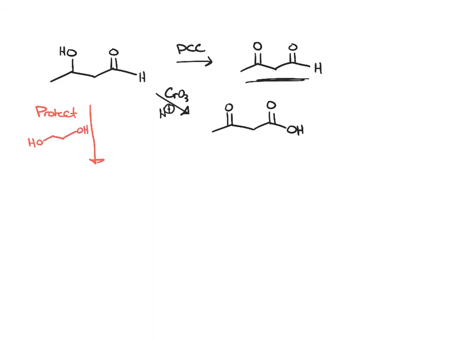So typically we just use this 2-carbon diol and some acid, and that will form a cyclic acetal at that aldehyde.